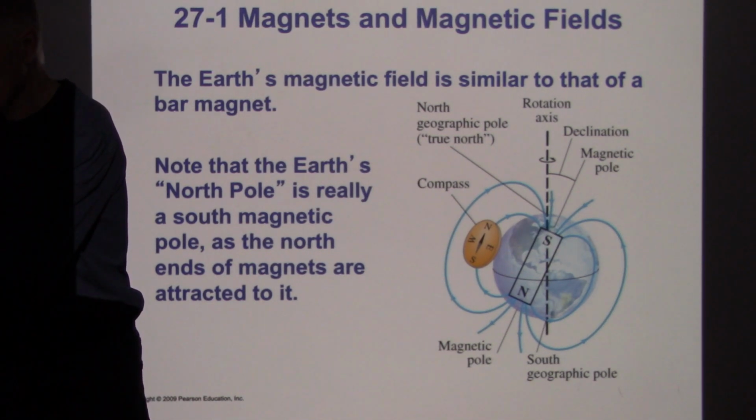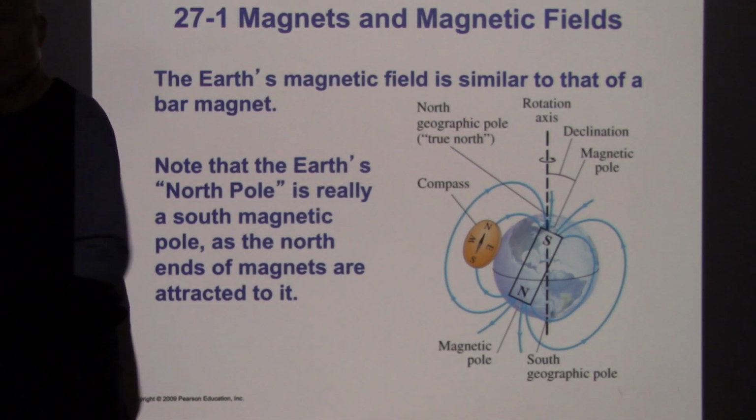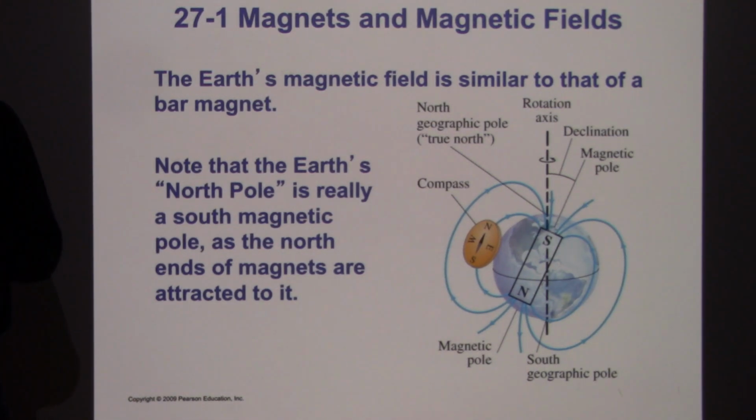So in atoms and molecules, you can generate magnetic fields due to the spins of the electrons, the spins of the protons, and the spin of even the neutron, because the neutron is made out of quarks, which are charged, so even the neutron has a magnetic field. And also because of the orbital motion of the electrons.